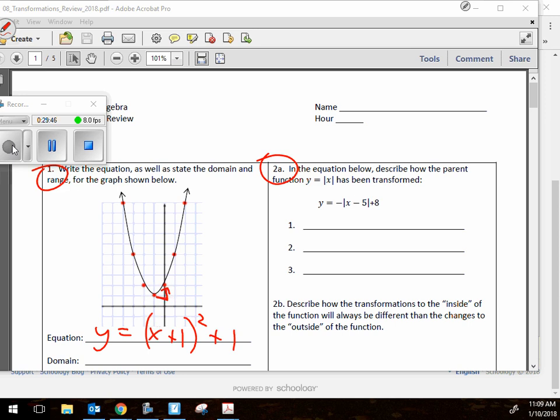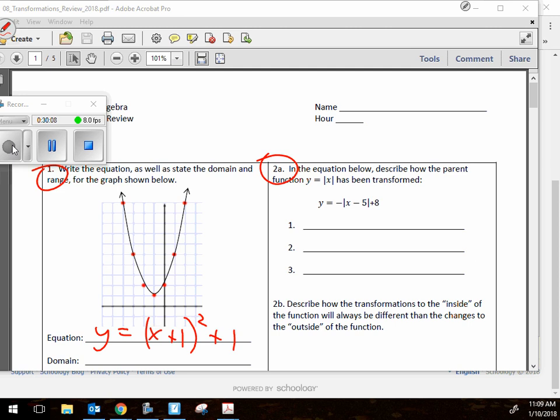So if you look over 1, up 1 from the vertex of it, then there should be something there. If there isn't, then it's been stretched. And then you have to figure out which way it got stretched. So let's say it had gone here instead. I'd say, well, there's supposed to be one here, but it's actually twice as high. Oh, so therefore it'd have a stretch factor of 2. This one does not have a stretch factor.